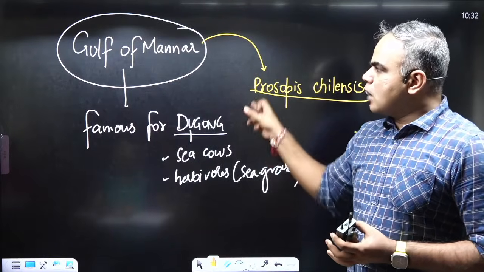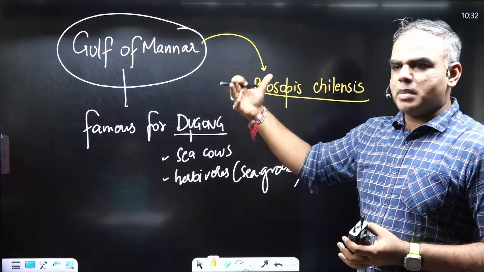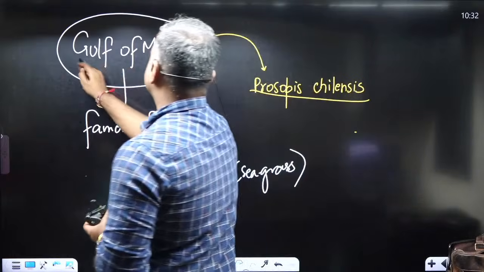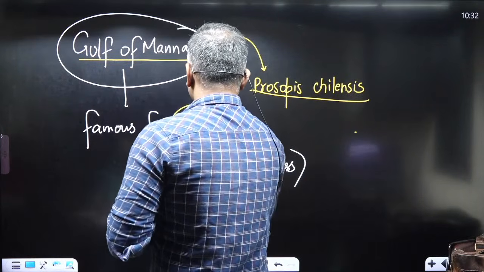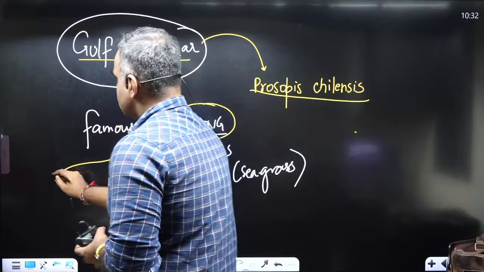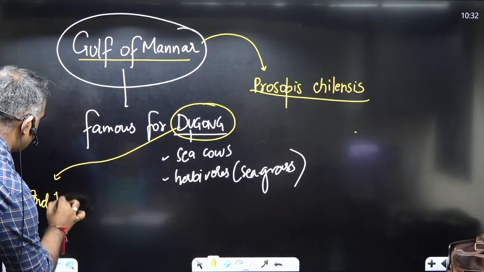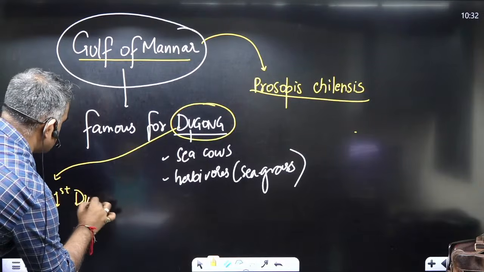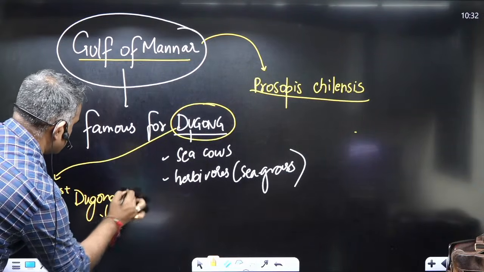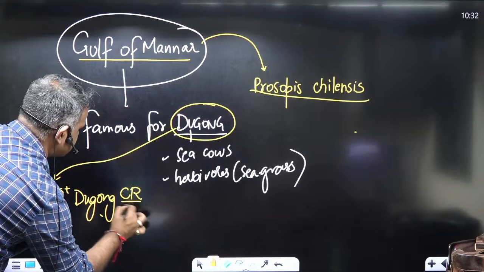Now how would you also remember this? This is easy to remember, this area. India's first Dugong Conservation Reserve is also here.